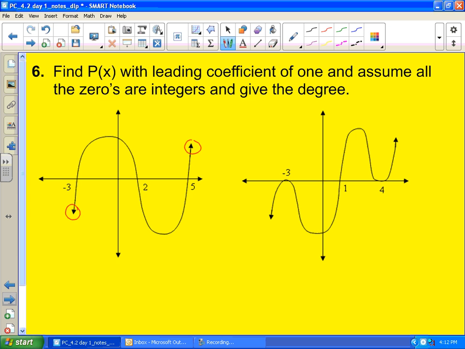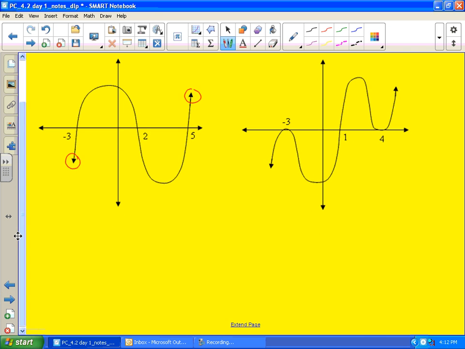So in this first graph, I have a graph starting down and ending up. And based on what we learned yesterday with end behavior, we know that if we have a graph that starts down and ends up, that we have an odd function with a leading coefficient that is positive.